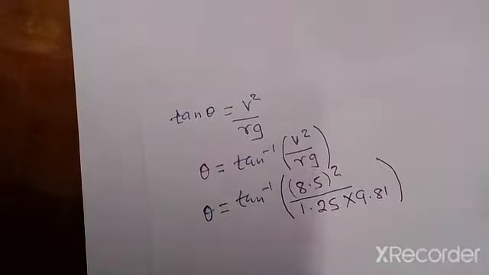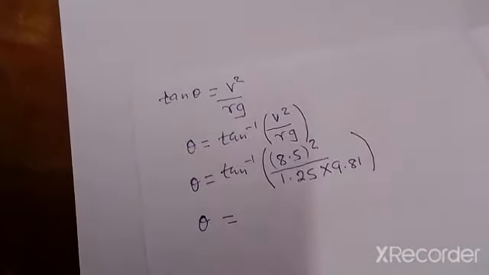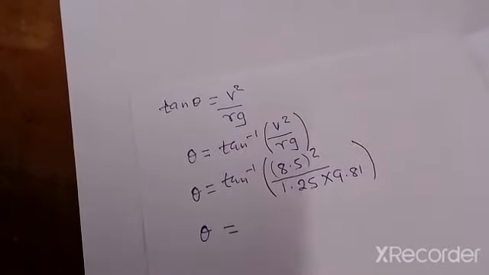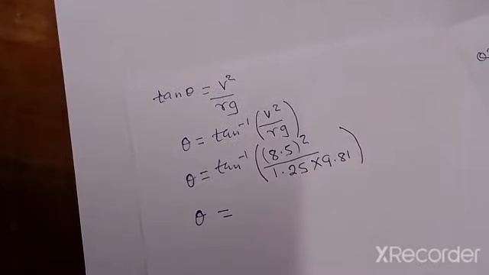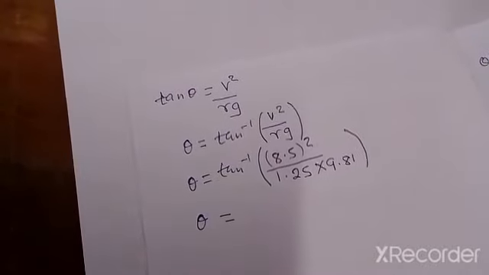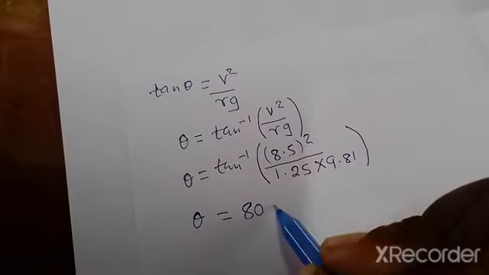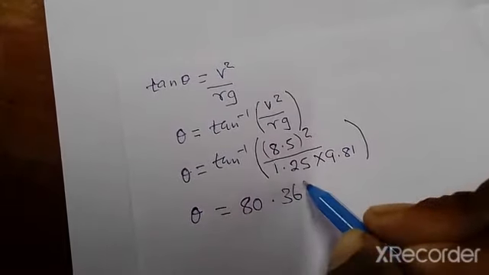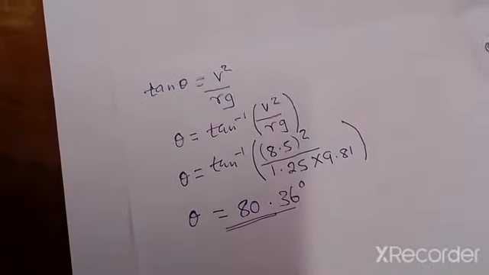So theta is going to be equal to 8.5 squared divided by 1.25 times 9.81. So theta will be equal to 80.36 degrees.